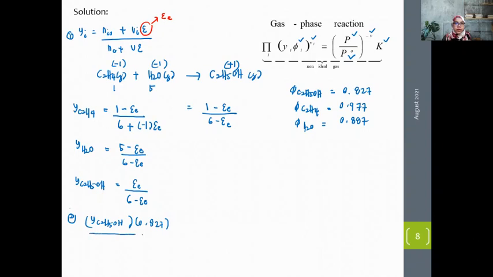By inserting these fugacity coefficients, we have 0.927 over the ethylene, which is 0.977, and the stoichiometric number is minus 1. We have this plus 1.